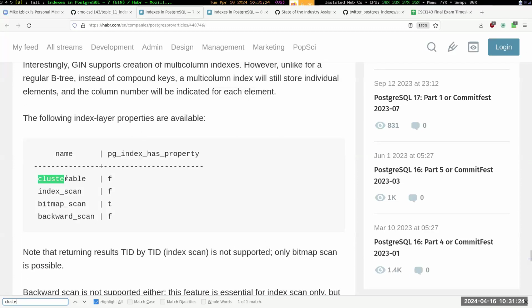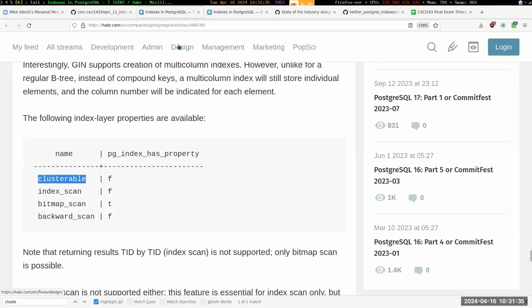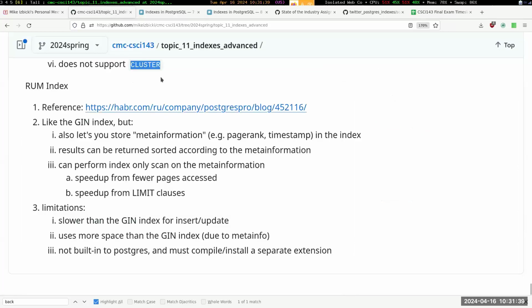It talks about why the GIN index is not clusterable inside of the GIN index page. It'll talk about in the RUM index page why the RUM index is clusterable. And the very first two links that are like the high-level overviews of the scan methods, it'll talk about what exactly clustering is. So it's sort of spread out in many places. But good question.